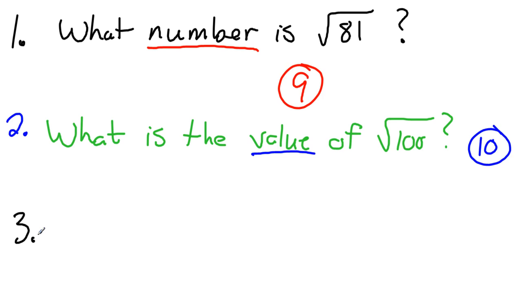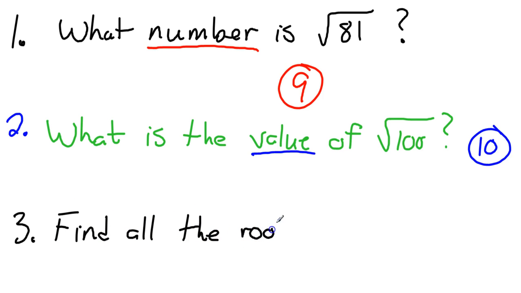Okay, now here's the one where they kind of clue you in, because this one says find all roots. Find all real square roots of, and it does say real, so let's make sure we get that one in there.